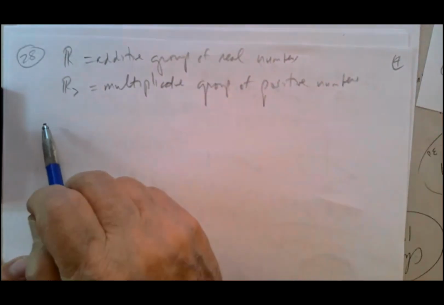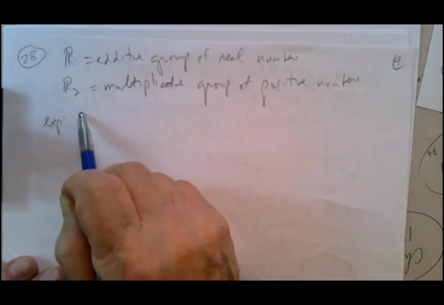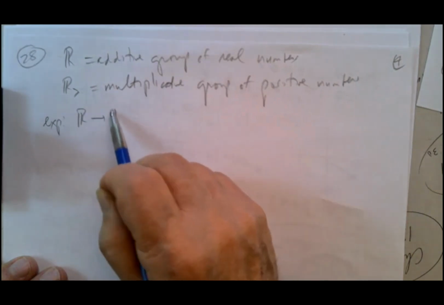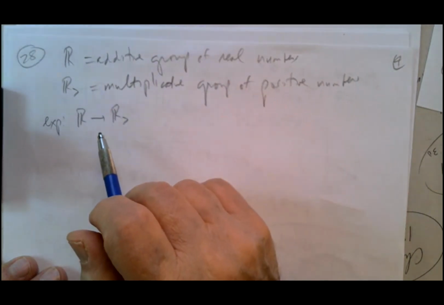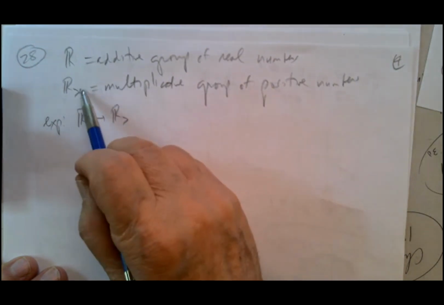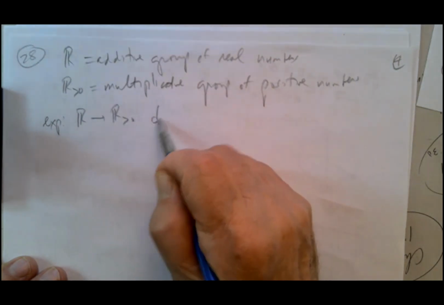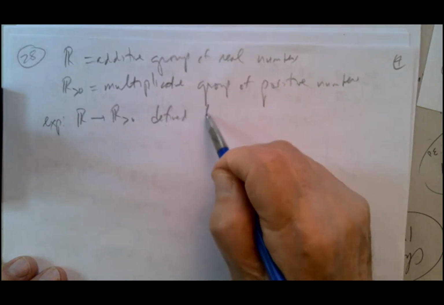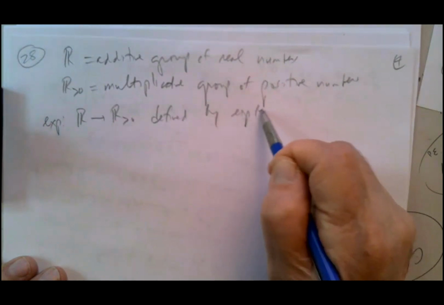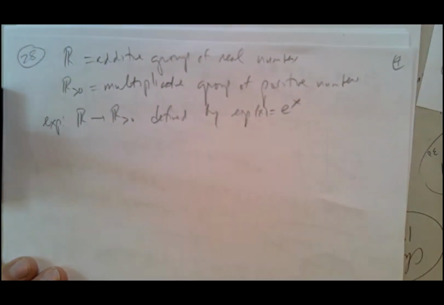And we have the function exp from R to the positive numbers, defined by exp of x is e to the x.